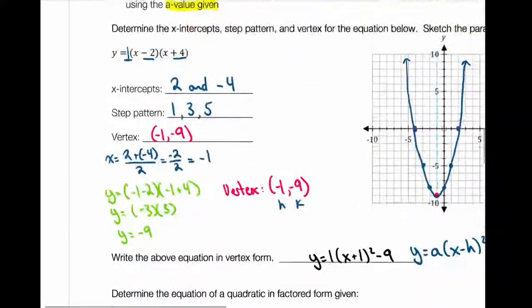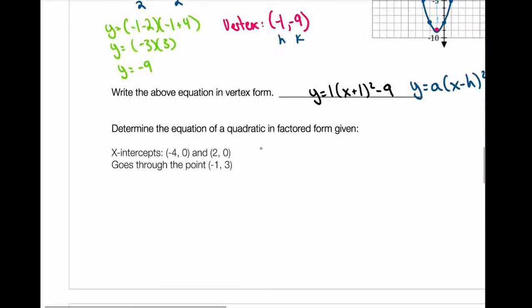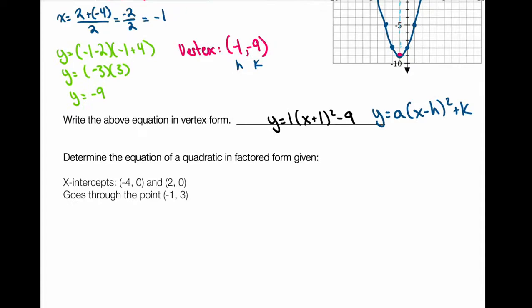In this case, we see r equals -4 and s equals 2. So the two x-intercepts are the two values of our roots. The point tells us an x value of -1 and a y value of 3.